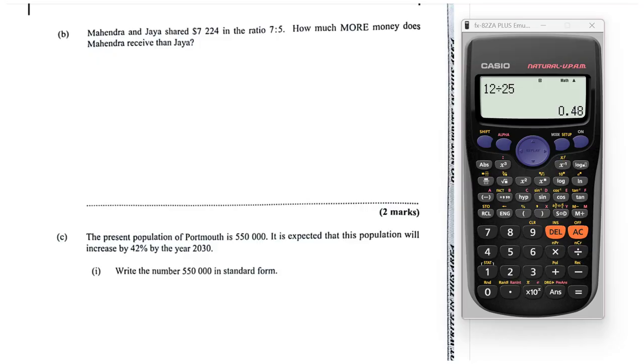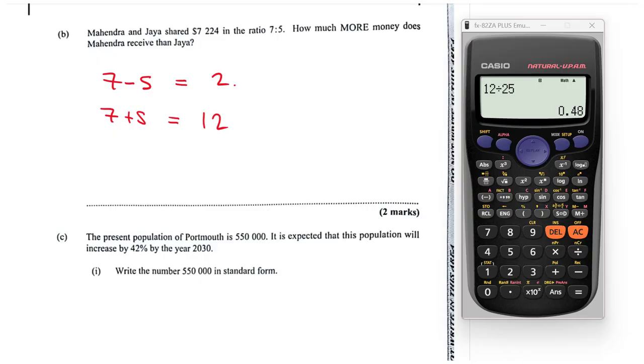Now let's look at the next one. Here it says Mahendra and Jaya shared $7,224 in the ratio 7 to 5. How much more money does Mahendra receive than Jaya? We're going to subtract 5 from 7, so 7 minus 5 gives us 2. Then we take the total ratio, 7 plus 5, which is equal to 12.